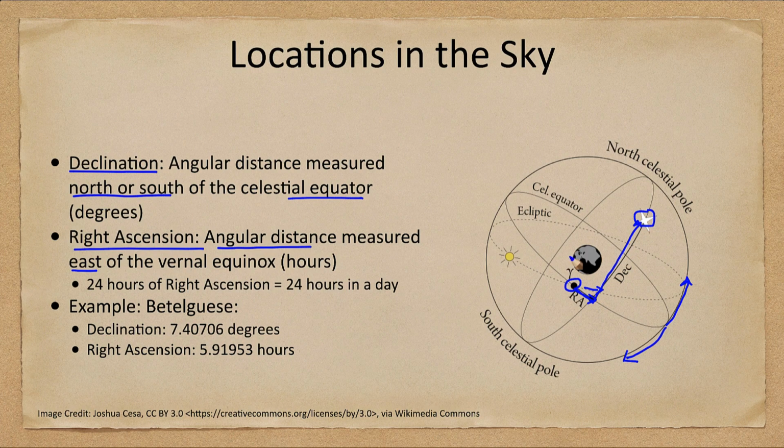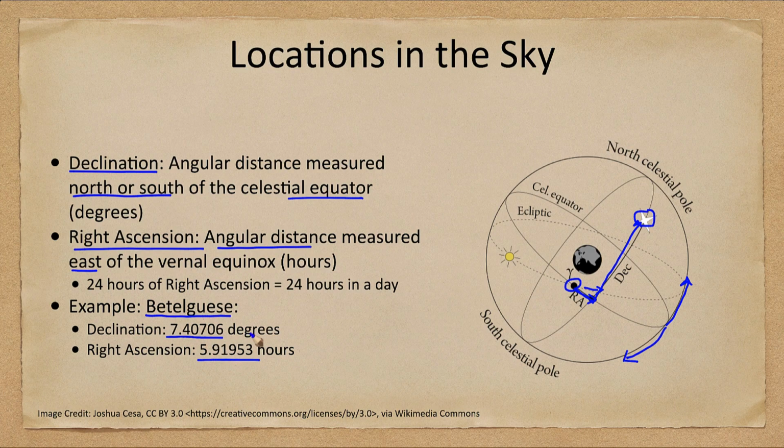And just as we can pinpoint the location of an object on Earth, we can pinpoint the location of any object in the sky. For example, the bright star Betelgeuse in Orion has a declination of 7.40706 degrees and a right ascension of 5.9195 hours.